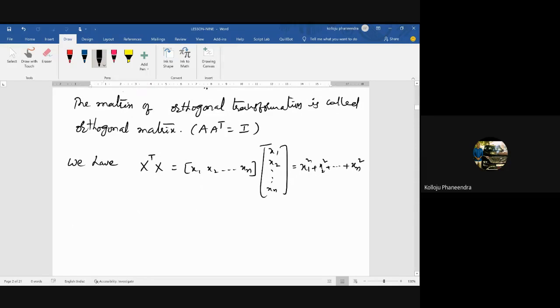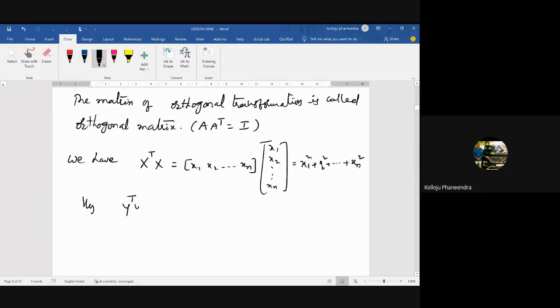Similarly, y transpose into y is y1 square plus y2 square up to yn square. This is known as the inner product of the matrices.